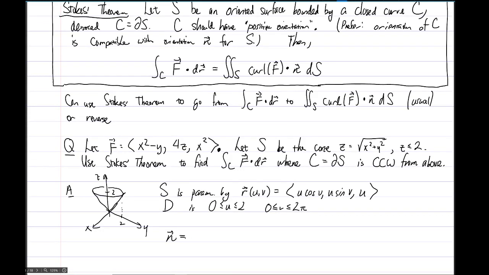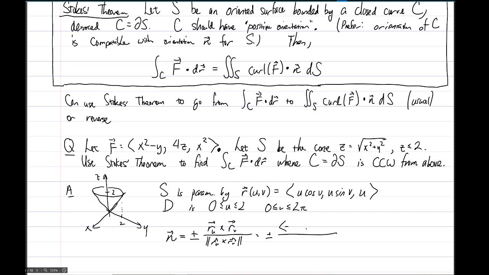For a normal vector for the orientation of this surface, we'll work out that this should be plus or minus r sub u cross r sub v over the magnitude of r sub u cross r sub v. We'll determine the sign in a moment.